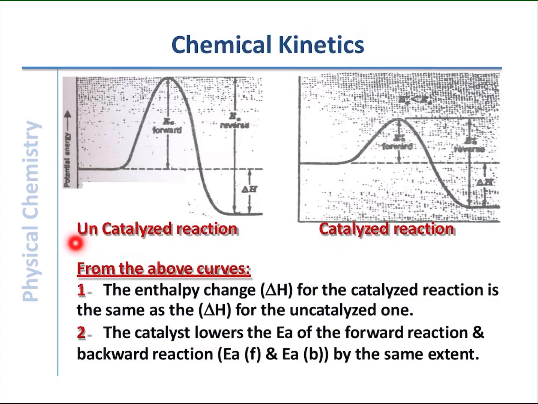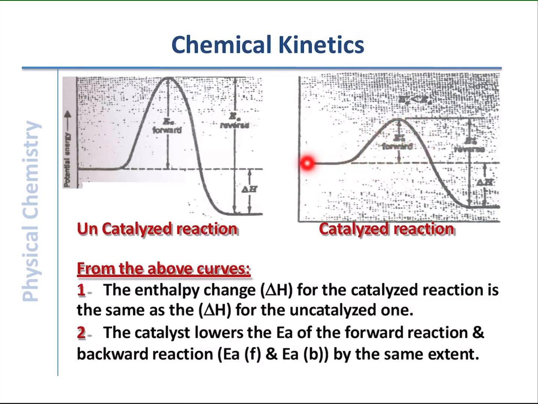In an uncatalyzed reaction without any catalyst, the difference between the energy of the reactant and the energy of the transition complex is higher than this one. In case we use the catalyzed reaction, the difference is lower.